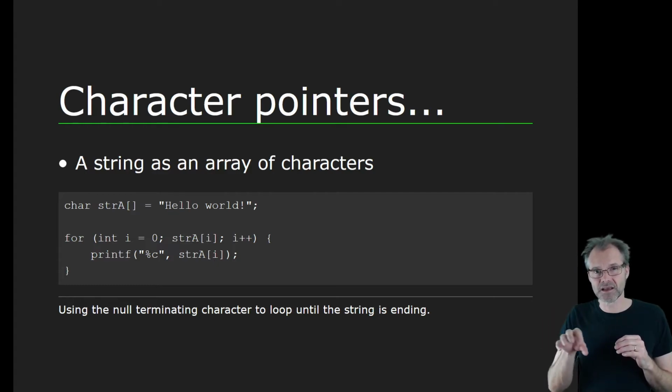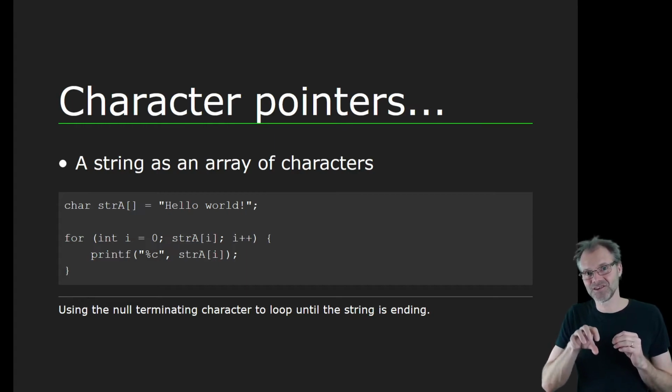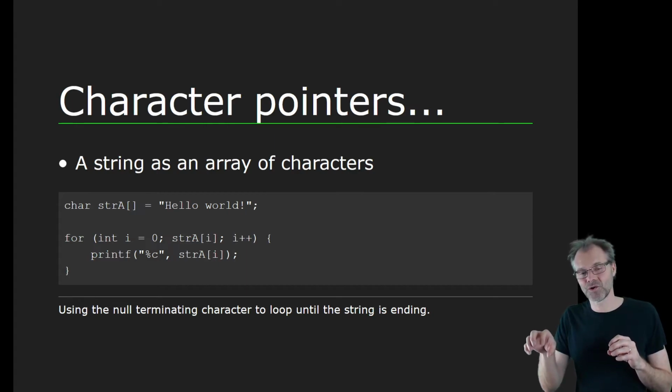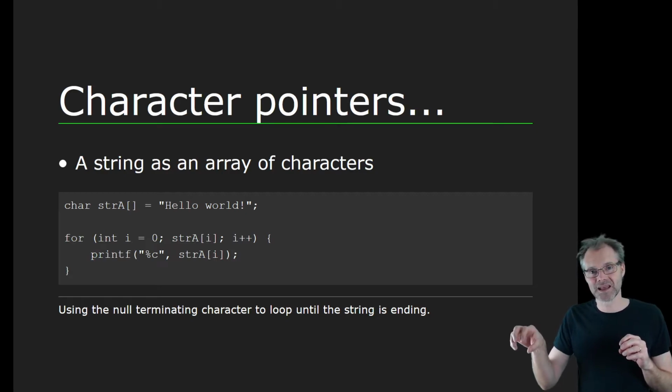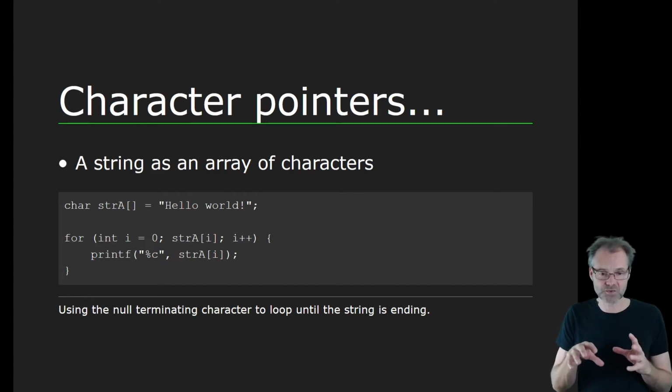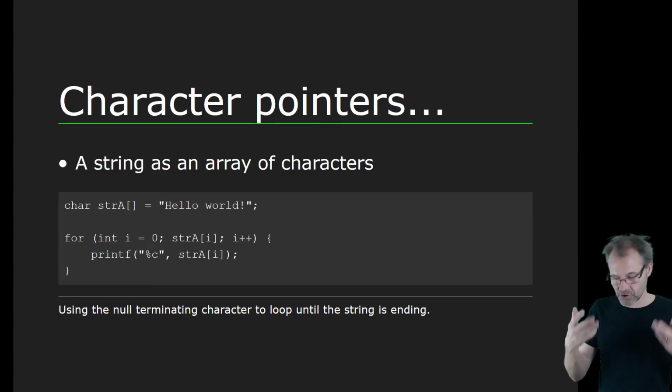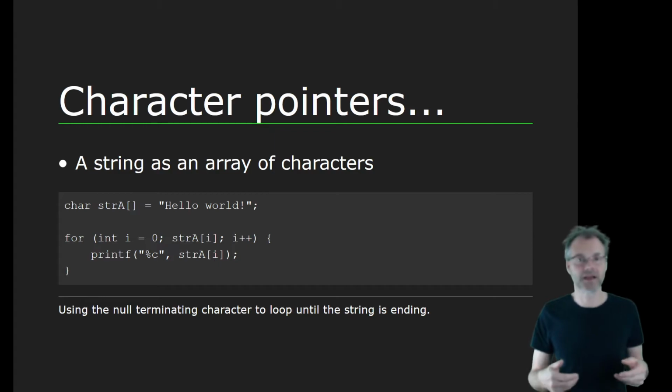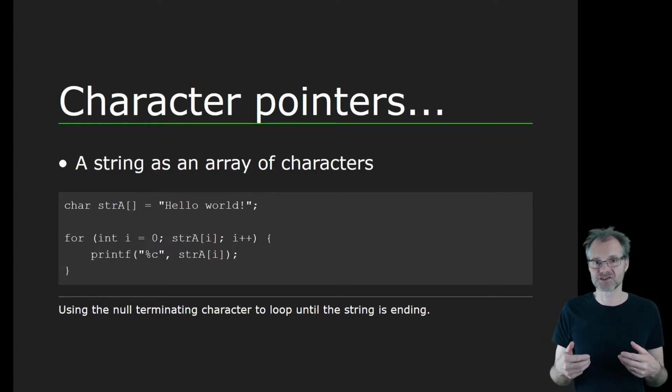So this expression will go through all the characters in the array, and then it comes to the null terminating character at the end of the string, and it's okay, here we got a 0, and that's false, so we're going to leave the loop. So this is one way to go through a string until it finds its null character.